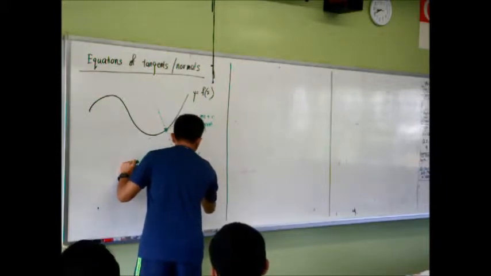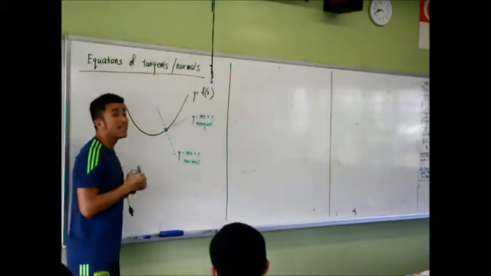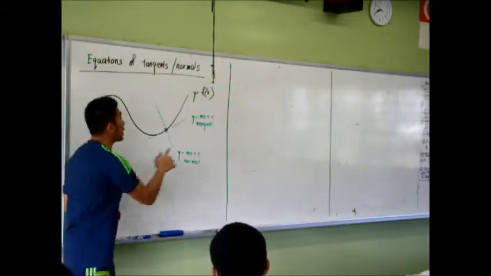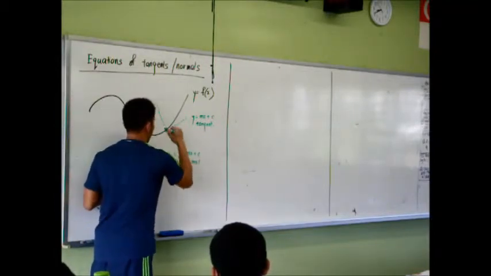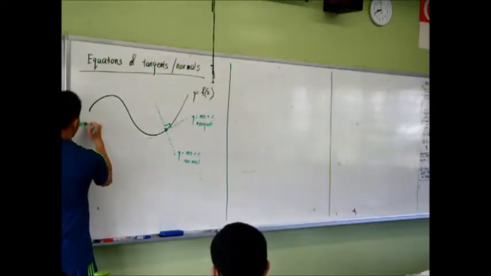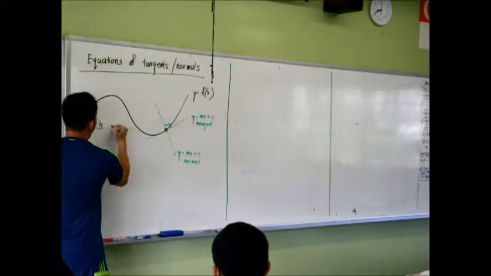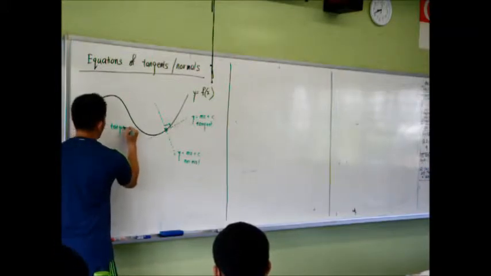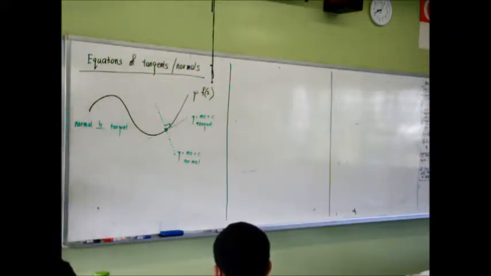So this will be your normal. The relationship between a tangent and a normal is it must be perpendicular. The normal is always perpendicular to the tangent at that particular point.